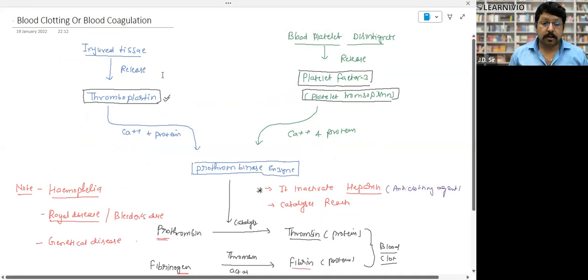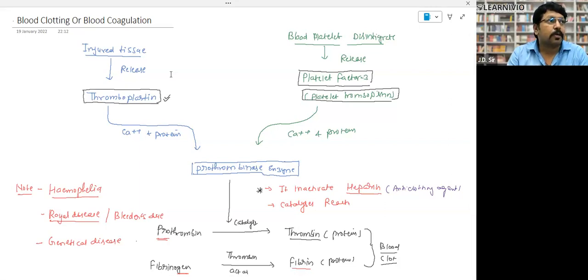So what is blood clotting? Clotting is a process. Why does clotting take place and why is it important? When we fall down and get injured, any body part, the blood comes in direct contact with the air.